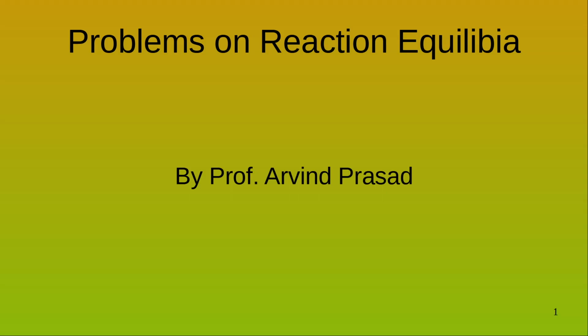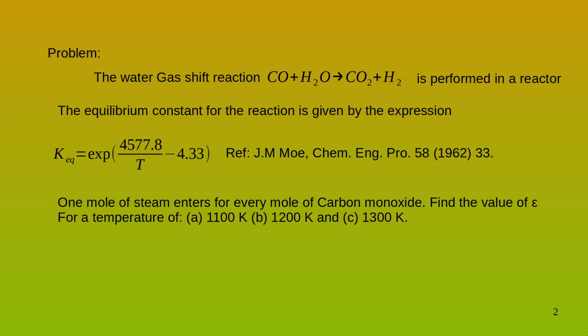Today, we will be looking into problems on reaction equilibria. Without wasting much time, let us go to the problem. The water gas shift reaction, carbon monoxide plus steam gives you carbon dioxide plus hydrogen, is performed in a reactor.